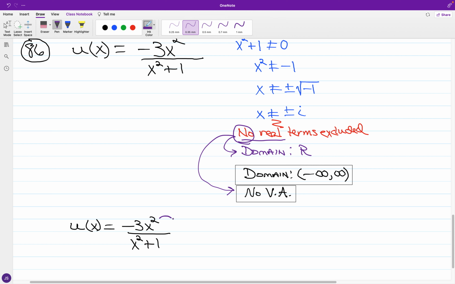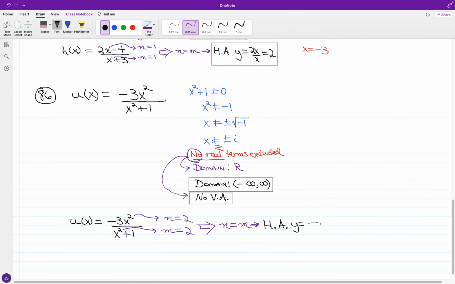So we have in the numerator 3x squared, so n is equal to 2, and in the denominator m is equal to 2. So we have n and m with identical values, n is equal to m. And so we're going to have a horizontal asymptote where y is going to be the constant upon taking the ratio of the highest degree terms from the numerator and denominator.